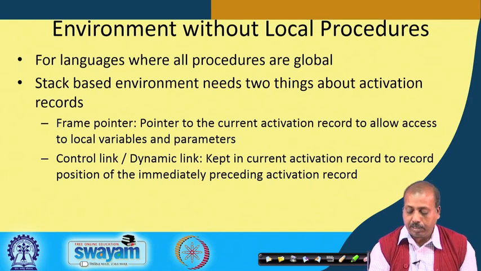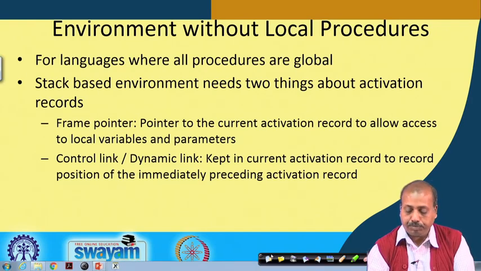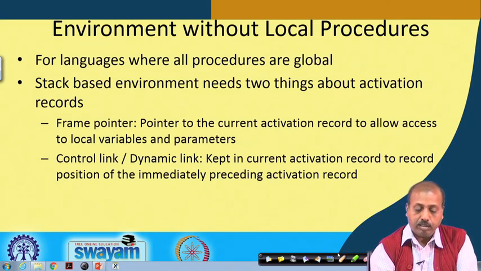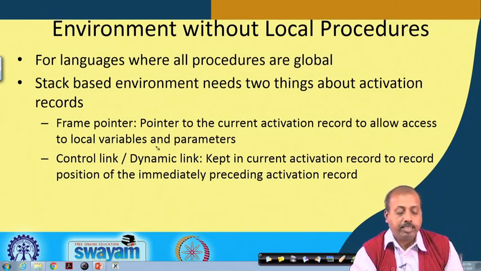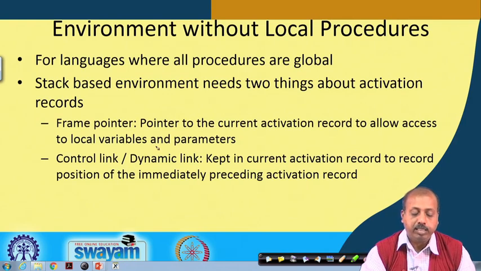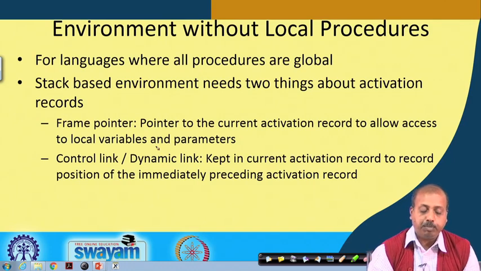So we have got two things: the frame pointer that points to the current activation record to allow access to the local variables and parameters, and the control link or dynamic link that is kept in the current activation record to record the position of the immediately preceding activation record. So, we will see some example.